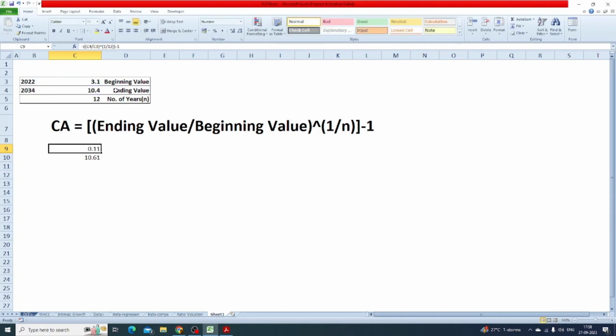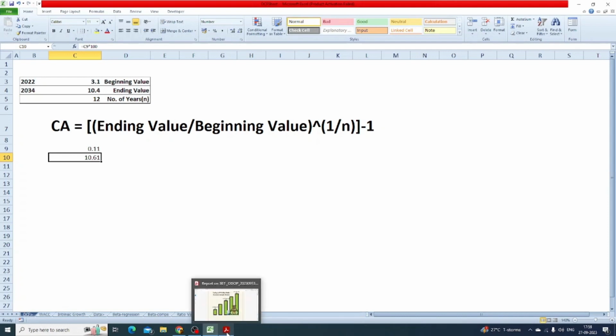That gives you 0.11. If you multiply this by 100, it gives you a compounded average rate of growth of 10.61% for the Indian economy. That is what this report is projecting currently.